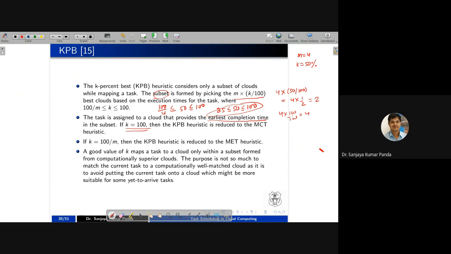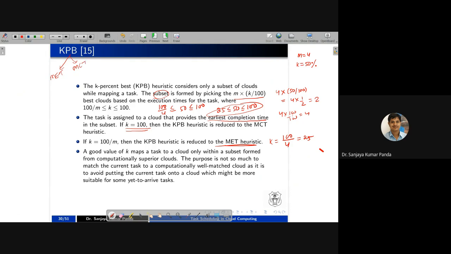But if K is equal to 100 divided by M, and M is 4 in our example, so it is 25, then the KPB heuristic is reduced to the MET heuristic. That means KPB is taking both advantages of MET as well as MCT.